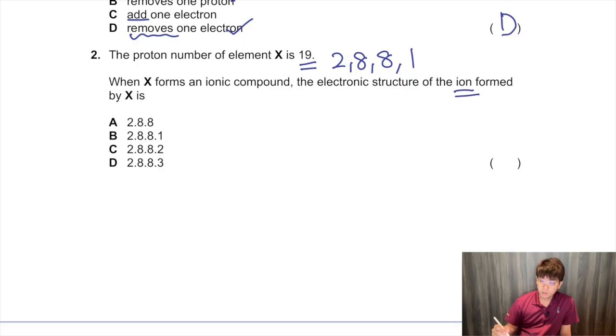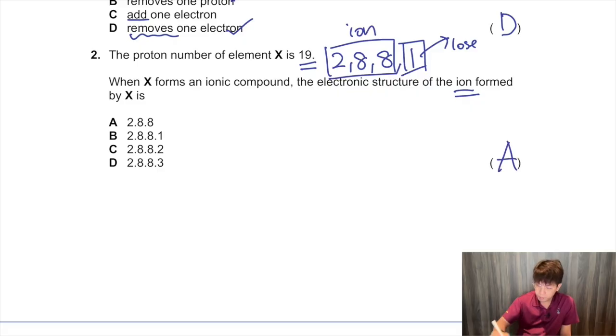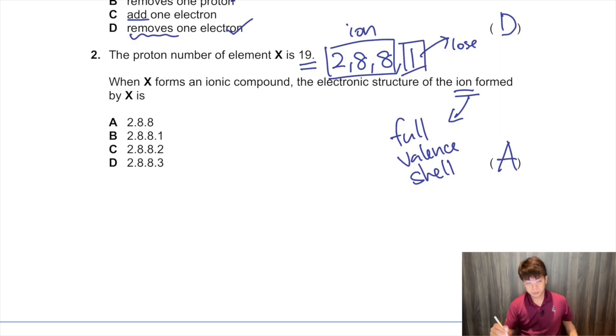The electronic configuration of the ion means I will have to lose this one away. That will leave 2.8.8 for the ion. So the answer would be A. Just remember that an ion will always have a full valence shell. Okay, good, that was question number 2.